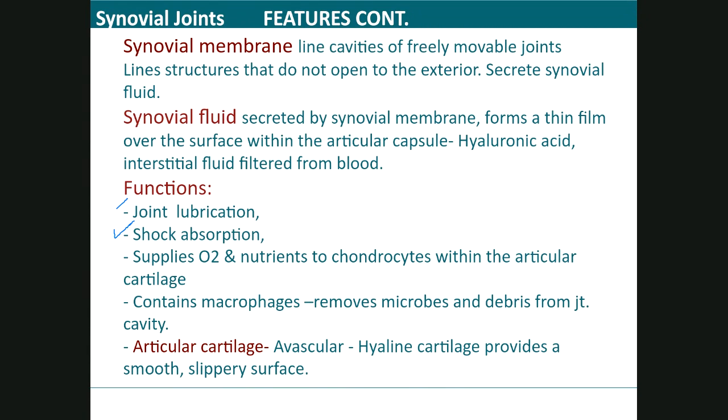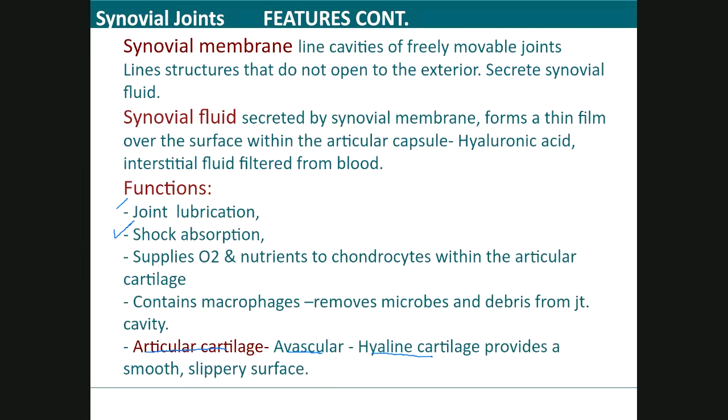So remember, we were taught that the articular cartilage at the end of the bones is avascular, and it's made up of hyaline cartilage. And an important fact to understand about that articular cartilage is that it does not have a perichondrium. So what that means is it doesn't have a method of giving the tissue nutrition.